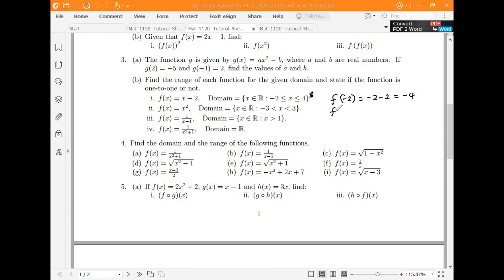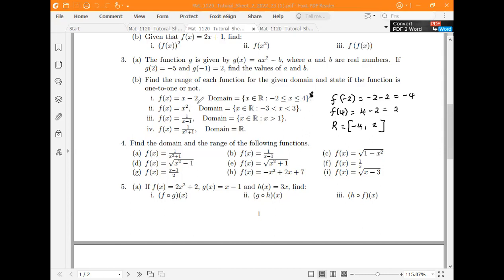We also substitute positive 4. So we have 4 minus 2, which is equal to 2. So meaning the range is from negative 4 to positive 2. Since they are all included, we also include them. Since the power is 1, we substitute the lowest number and the highest number to get the range.